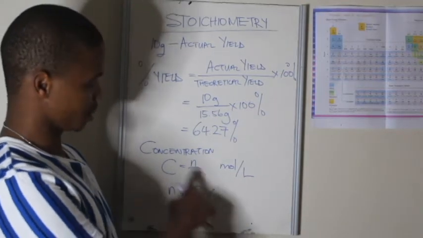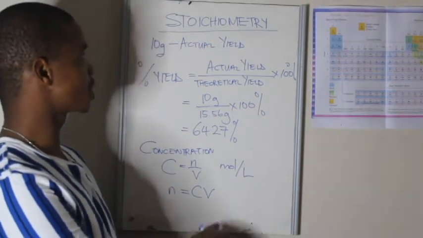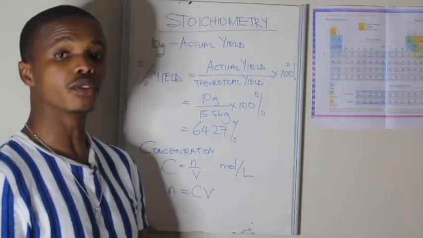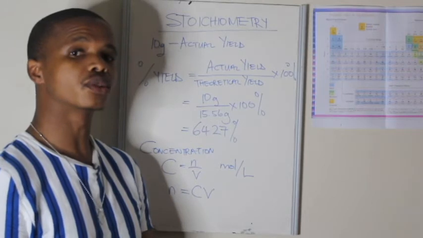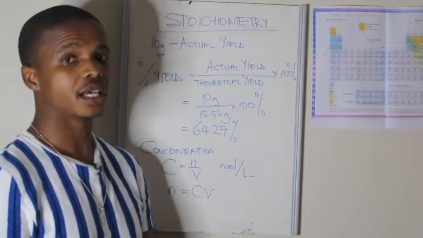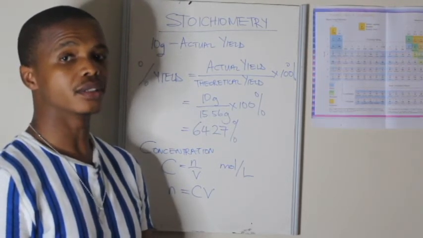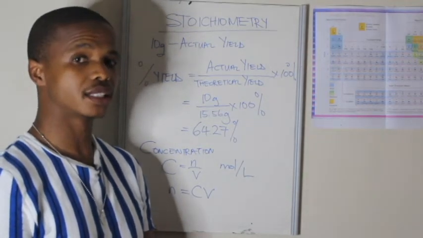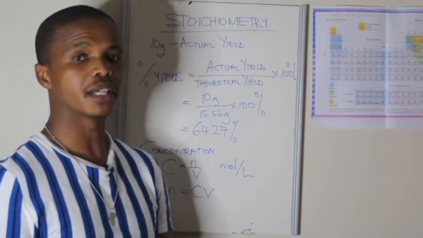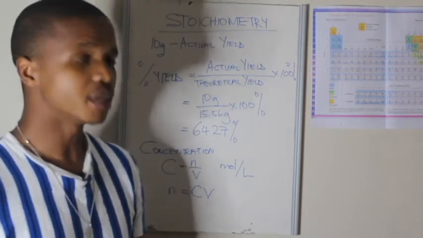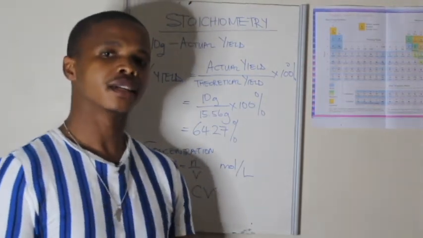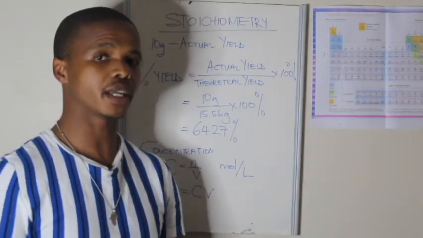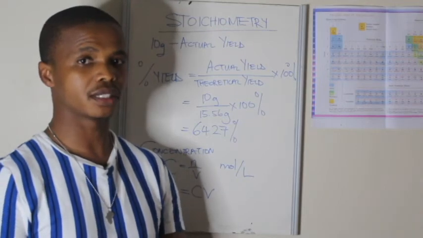And then once you get your number of moles, you can use everything that we have spoken about, first to find out your limiting and excess reactants, and also to calculate the amount of your theoretical yield. And also you can calculate your percentage yield. Once you are able to do that, it means you have understood what we had spoken about throughout the session.